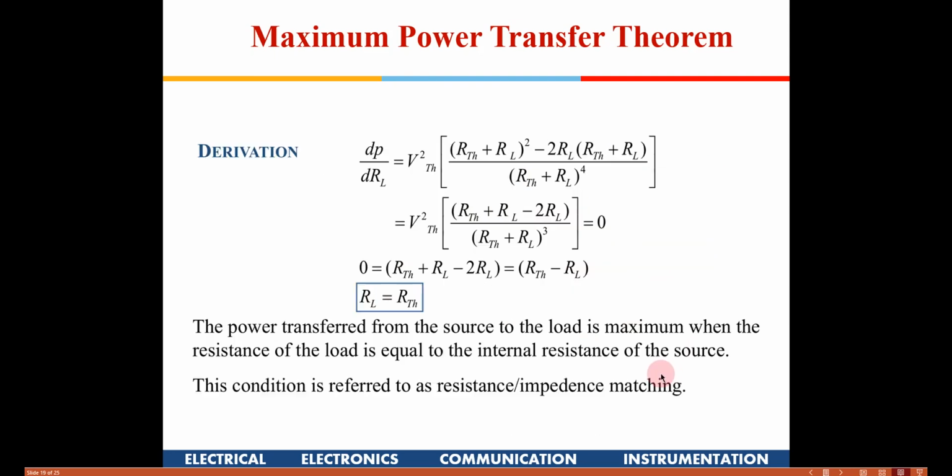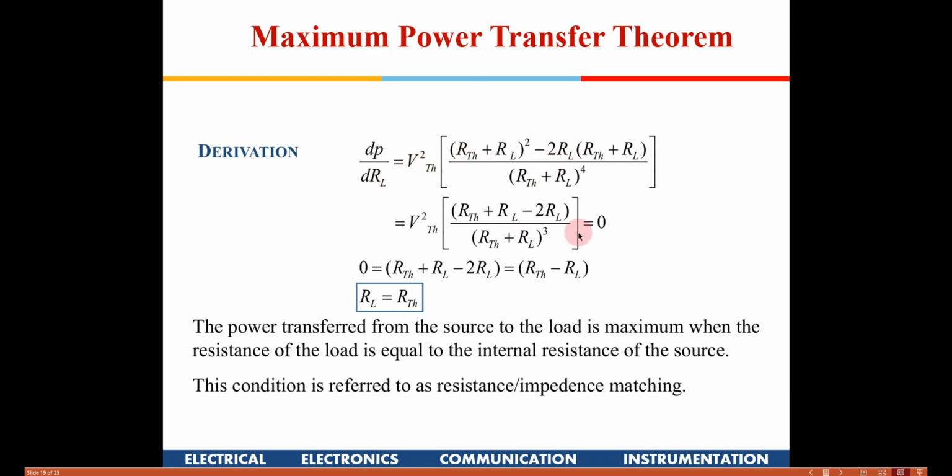Now to find the value of RL for which I get the maximum power, I am going to differentiate this power with respect to RL, because RL is a variable here. RTH and V are fixed, so they need to be considered as constants.